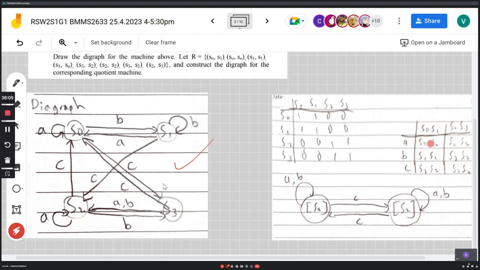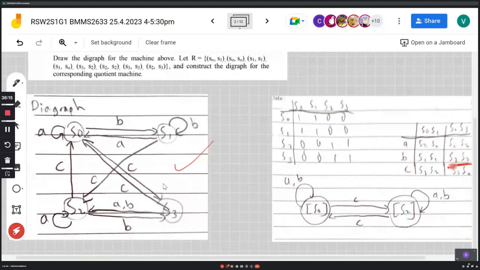Here, this is 0 and 0. This is 2, 2. This is 1, 1. This is 3, 2. 3, 2 is also in the same class. And then this is 3, 2 also. And this is 0, 0. Okay.